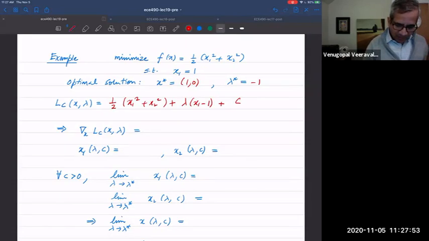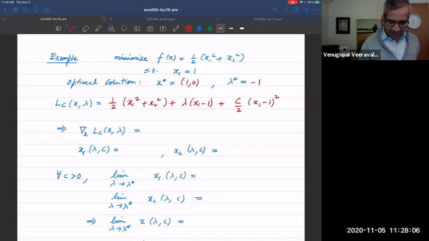I'm just putting a C over 2 for convenience, since scaling doesn't really matter. You could define that as C prime or C tilde, but this way when I take derivatives, I don't have to worry about a factor of 2.